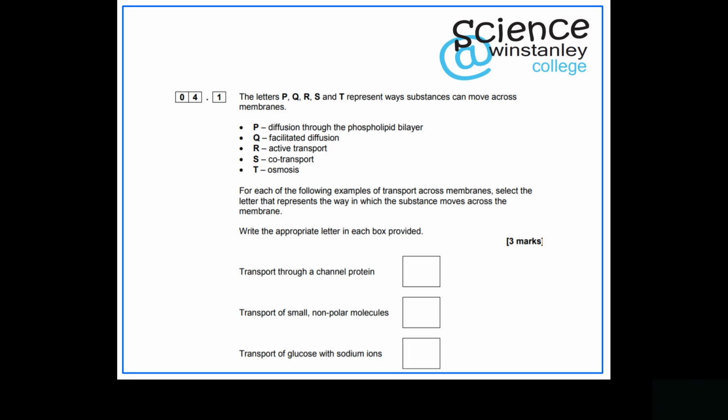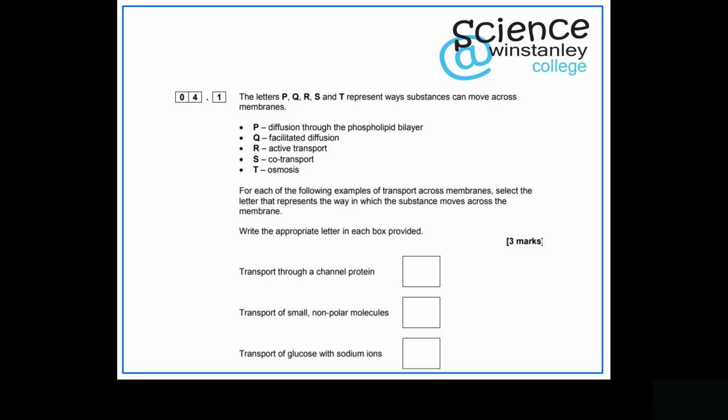However, it is passive, it does not require any energy. Active transport is from a lower to a higher. It does require a carrier protein and it does require ATP. Co-transport, as I've just mentioned, co just means two, so it moves two things.